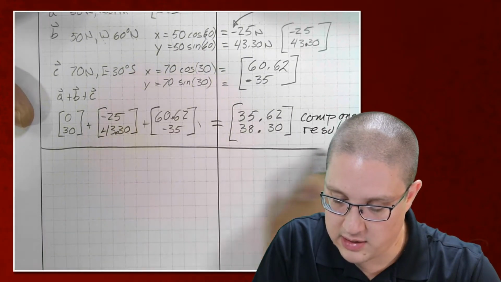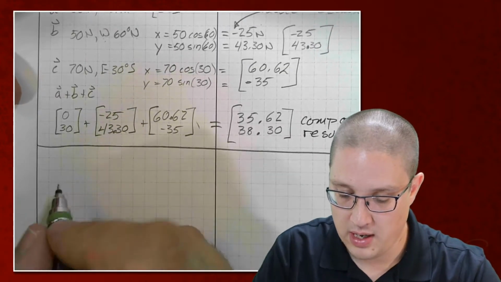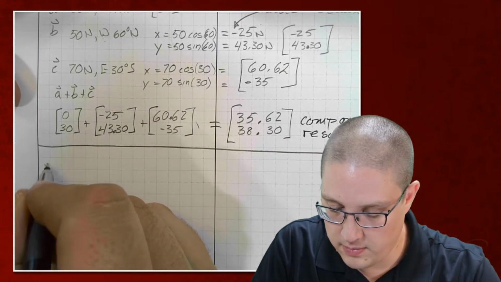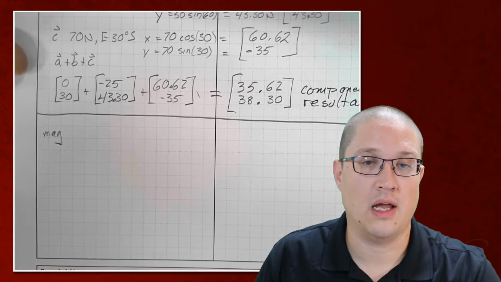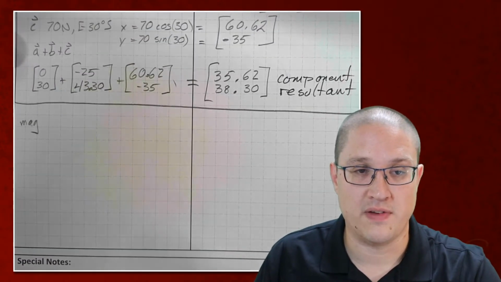I'm going to make a nice line so we can figure this out. My magnitude, like we did before, I'm going to use Pythagoras to figure this out.